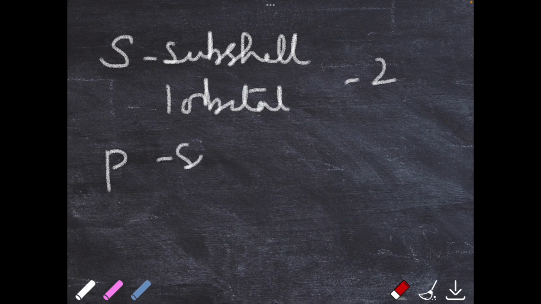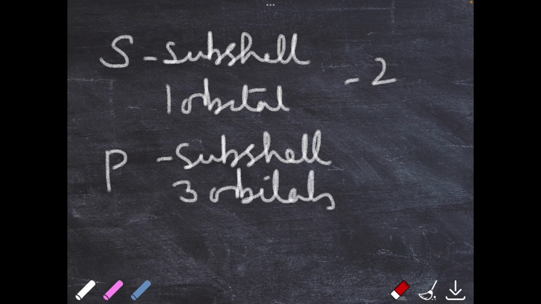If it is a p subshell with 3 orbitals, the maximum capacity is 3 multiplied by 2, 6 electrons with opposite spins.